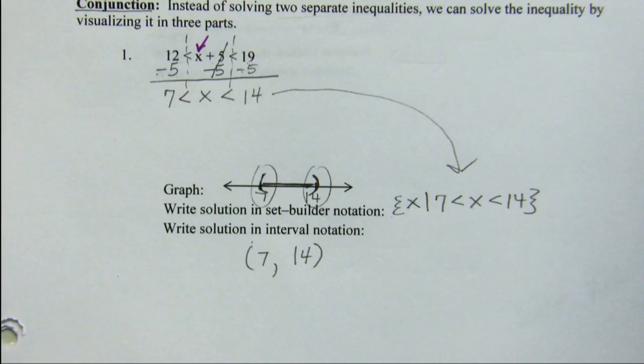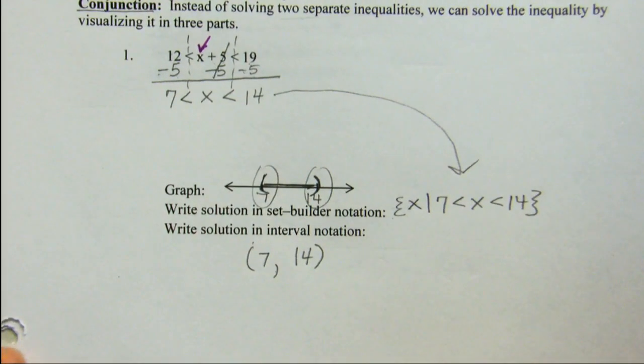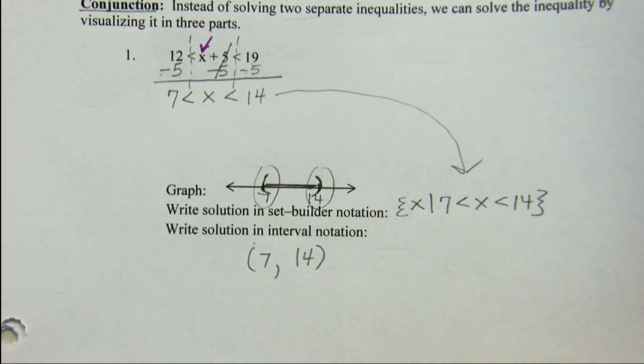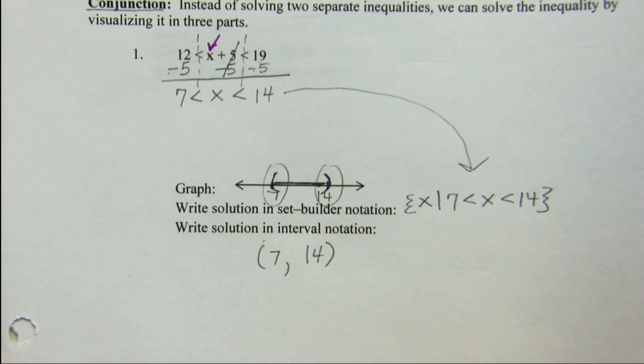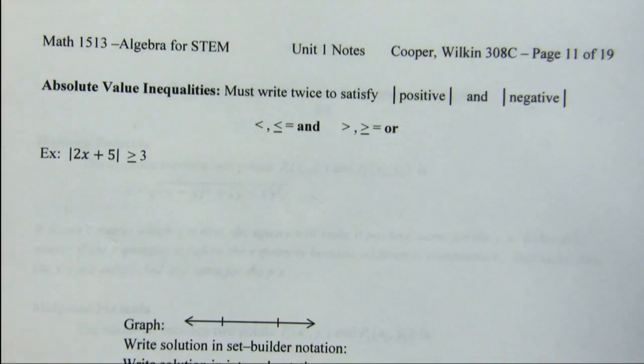Okay, we've got one more page, a couple of examples, and then I'll be done with this set of notes, and we'll look at Blackboard. Now, on Monday, we did some work with inequalities.